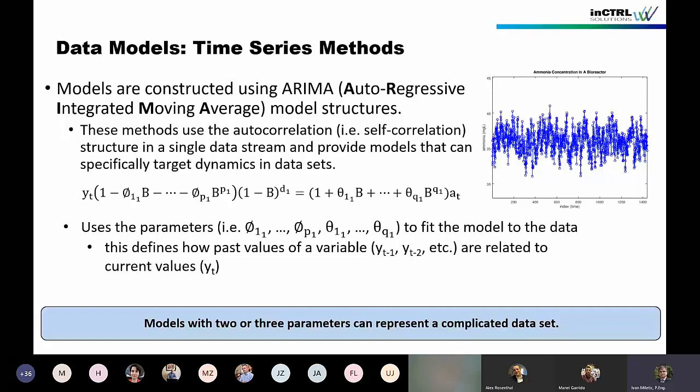And when they're built properly and fitted to data in an appropriate way, they can be very useful and very informative. You could have a model for a data set like this that's an ammonia in a bioreactor. It looks like a simple data set, but it's deceptively complicated, or potentially difficult to model all of the information that's in something like this data stream. So an ARIMA model will provide that for you.